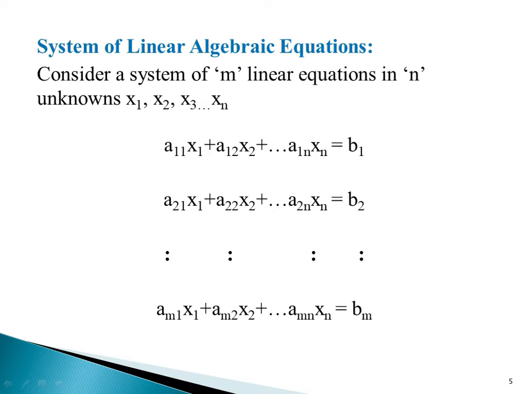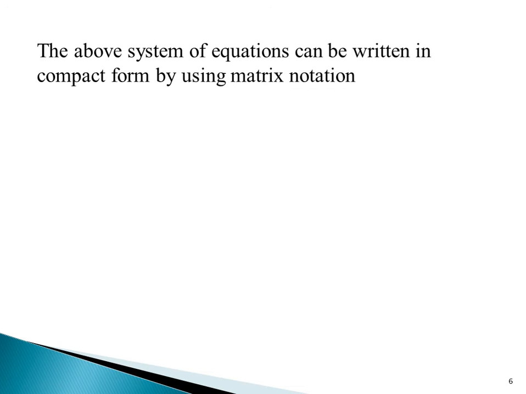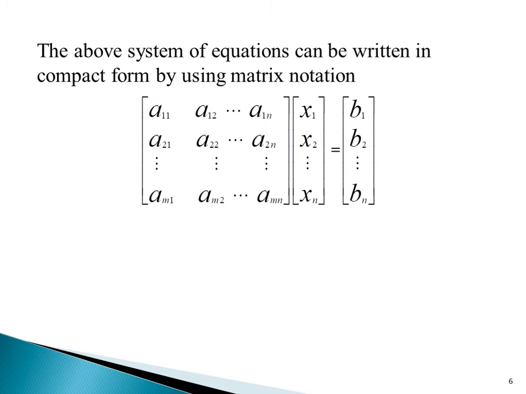Remember this. The above system of equations can be written in the matrix form as: matrix A is a11 a12 up to a1n, then a21 a22 up to a2n, and so on up to am1 am2 up to amn, into the matrix of unknowns x1 x2 x3 up to xn, is equal to the matrix b1 b2 up to bm.